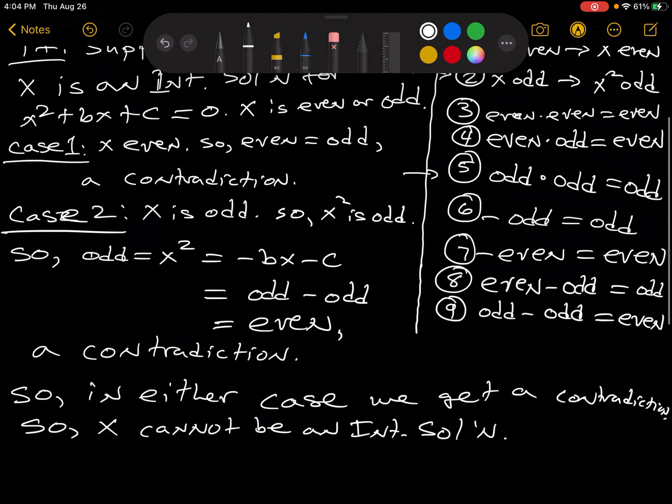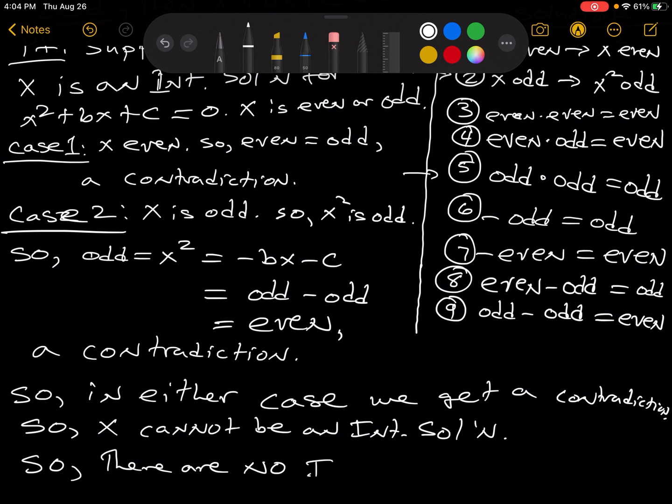Since x cannot be an integer solution, and we didn't say what x was, right? We didn't say which odd x was. So there are no integer solutions. And that's the proof.